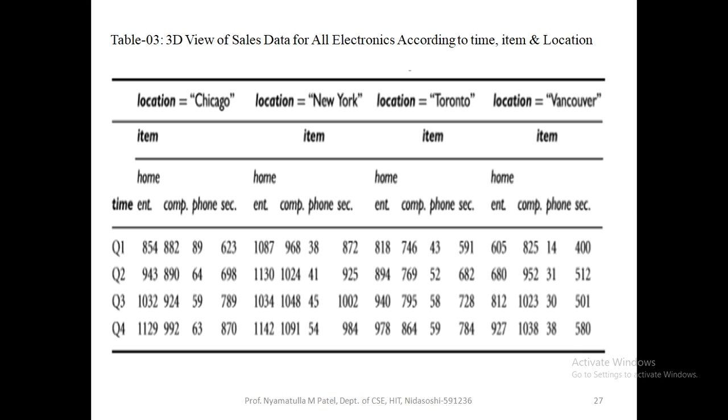Let us go for the 3D view. Now, a 3D view of sales data for all electronics according to time, item and location. Here we are including one more important thing, called location.